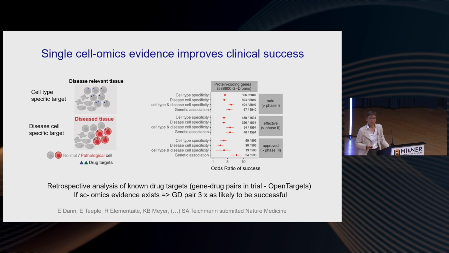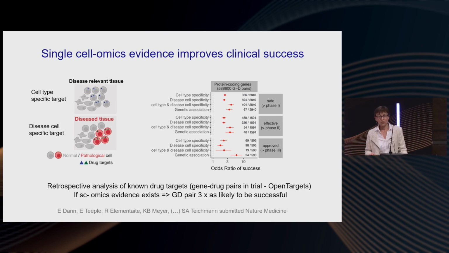And she took inspiration from the studies by Nelson et al. that wanted to ask whether genome-wide associations actually help in drug discovery. And of course, there was the very famous paper published in Nature Genetics that said, yes, if you have a clinical target with genetic evidence, then it is more likely to reach a phase 3 clinical trial.